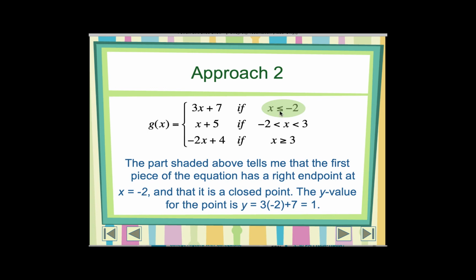The equal to sign tells me that it's going to be a closed point. And so I take that negative 2 and I plug it into y equals 3x plus 7, which gives me a 1. And so that is the y value for that point. So I have a closed point that has x equals negative 2 and y equals 1.